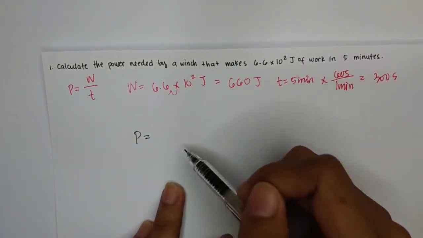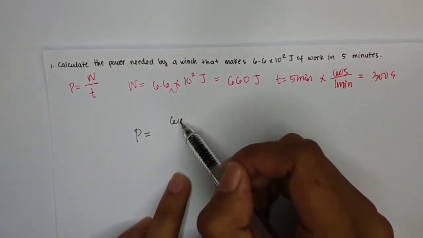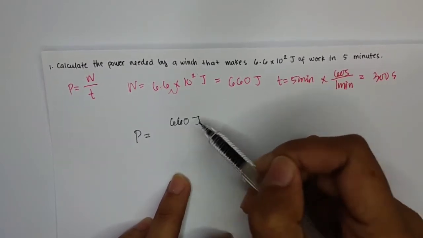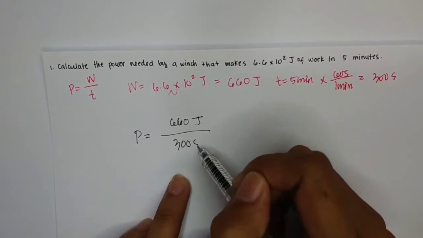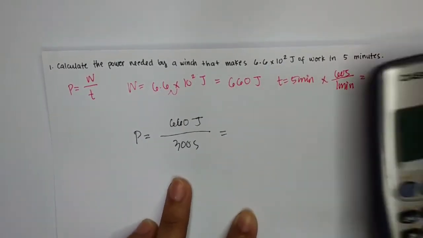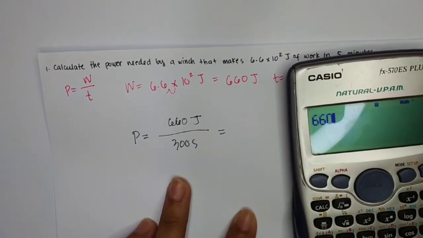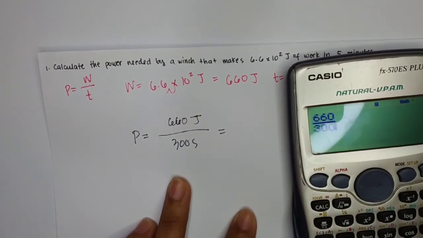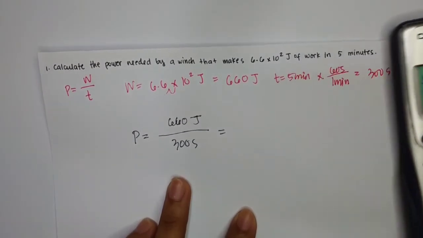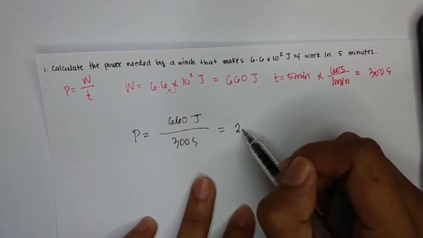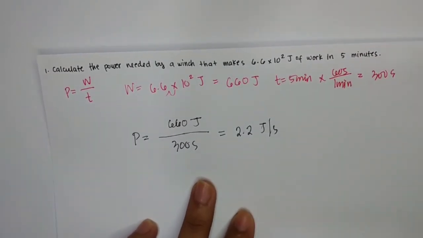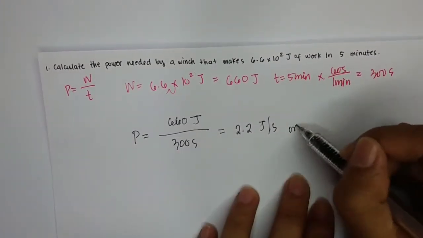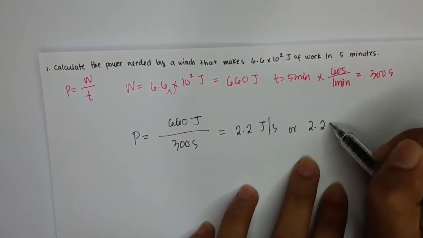Power is equal to 660 joules over our time, 300 seconds. So 660 divided by 300 is 2.2. We have 2.2 joules per second.